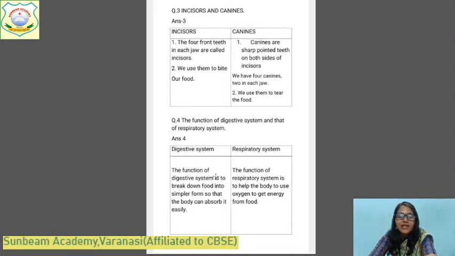The function of digestive system is to break down the food into simpler form so that the body can absorb it. Okay, and the process is called digestion. And what is the respiratory system? The function of respiratory system is to help the body use oxygen to get energy from food. This is called respiratory system.